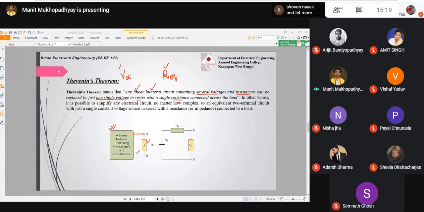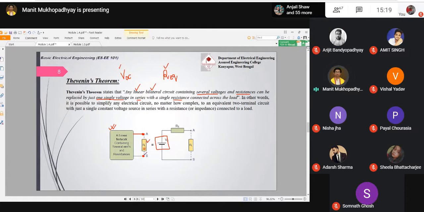So what we will do is calculate the voltage source keeping the load resistance, called the load resistance because it is connected across the output. We will keep this output open, and then calculate the open circuit voltage occurring across AB.